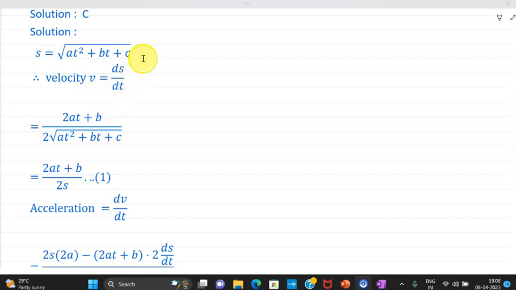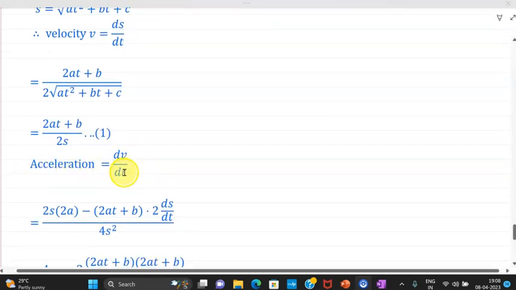Now the derivative of the square root of at² plus bt plus c is 1 upon 2 times the square root of at² plus bt plus c into the derivative of at² plus bt plus c, and that is 2at plus b, the derivative of c being 0. Again the square root of at² plus bt plus c is s. Therefore, velocity v equals (2at plus b) upon 2s. This is the first one.